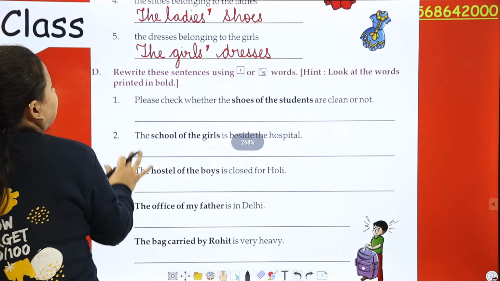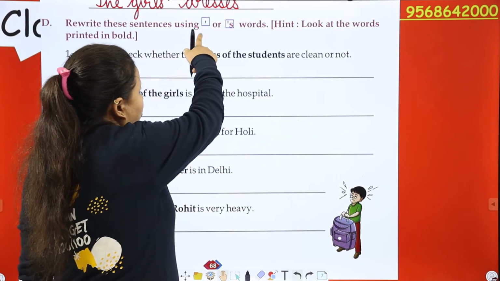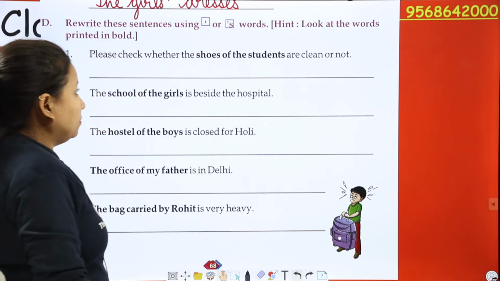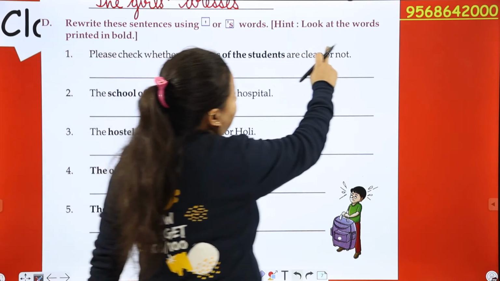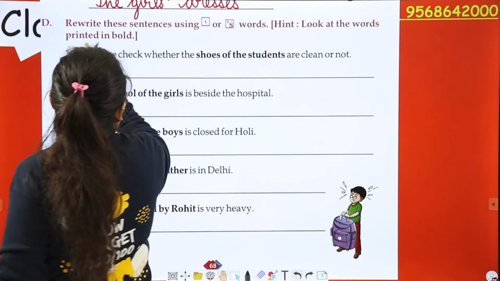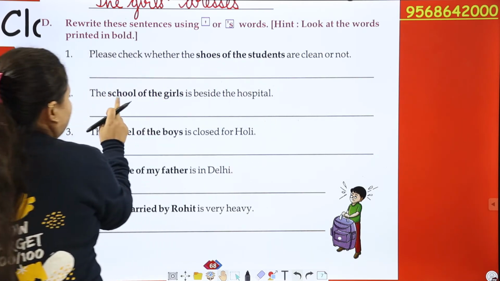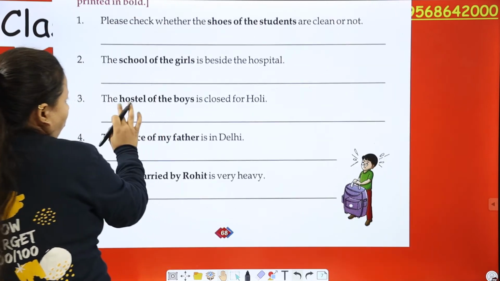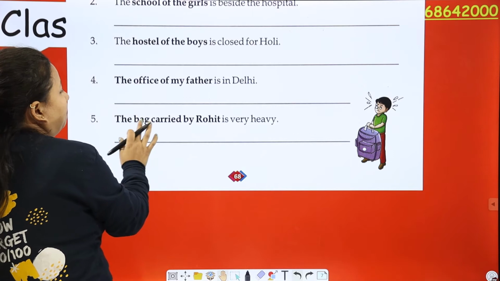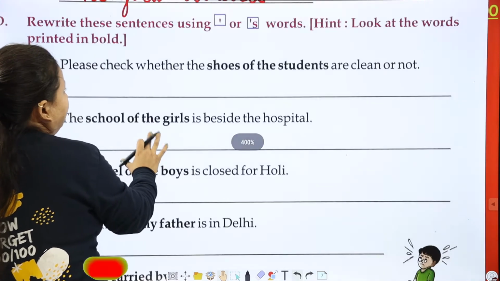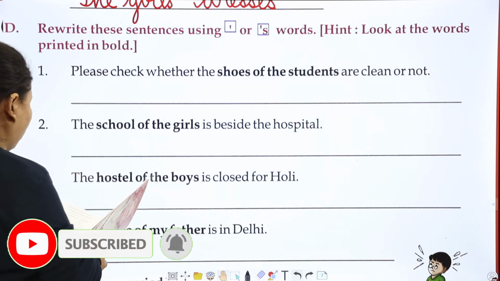Now next is rewrite these sentences using an apostrophe or an apostrophe S. Hint: look at the words printed in bold. Shoes of the students, school of the girls, hostel of the boys, office of my father, and the bag carried by Rohit. Please check whether the shoes of the students are cleaned or not.